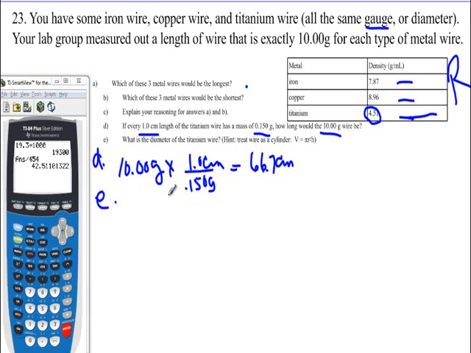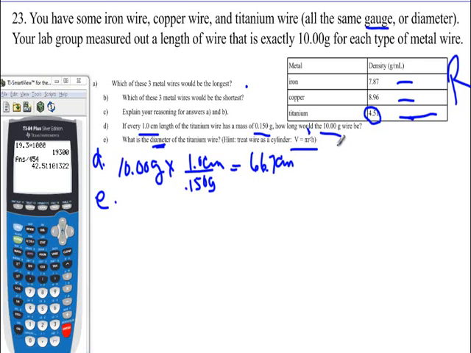Alright, it says, what is the diameter of the titanium wire? And it gives us this formula, V equals pi r squared h. So if I'm trying to find the diameter, it is twice the radius, right? So I'm really trying to solve for r. In order to do that, let's rearrange the equation.